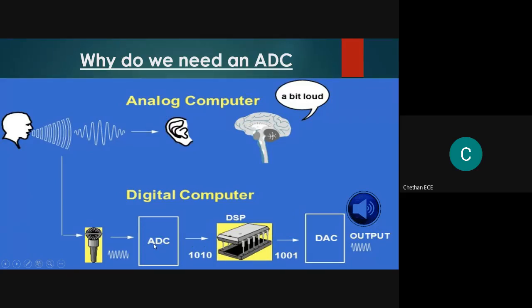So what I will do here, I will use the mic, I will record these sound waves, I will send this mic output to ADC. ADC will convert the analog signal to digital data, and this will be applied directly to a microcontroller or microprocessor or DSP. Based on some algorithm, the processor will perform some computation and deliver the data.